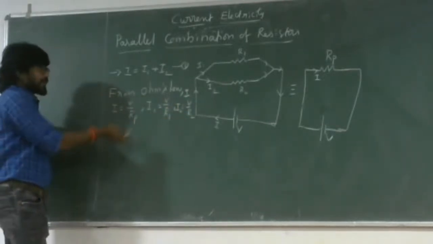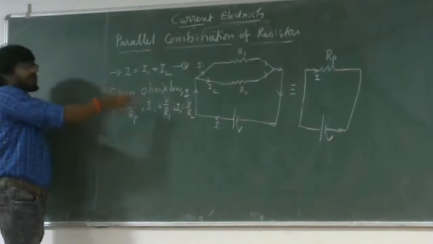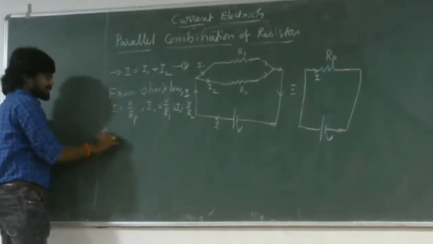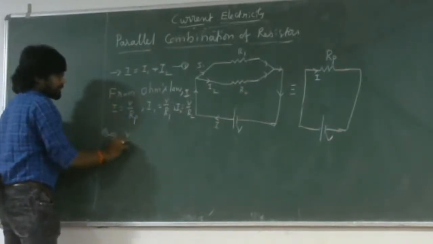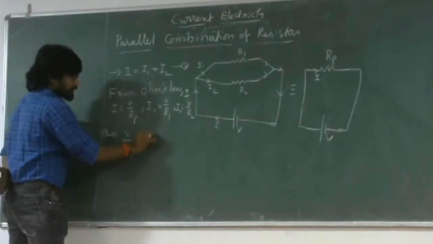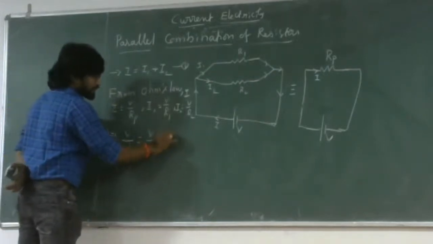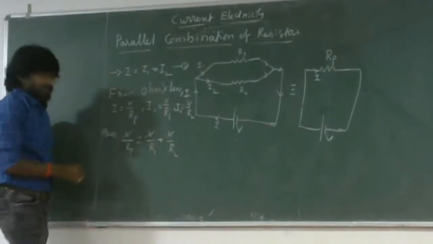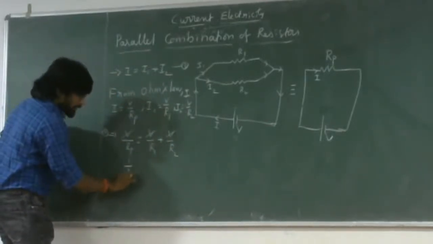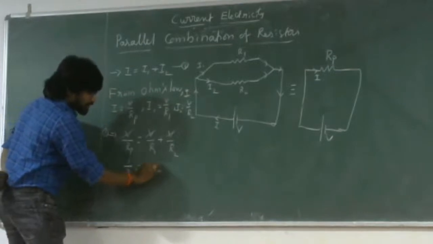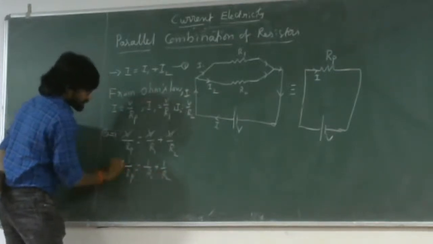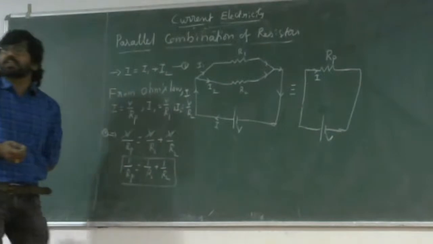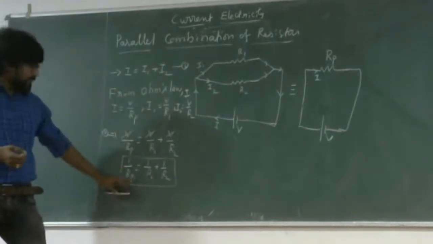If you substitute these values in equation 1, then it can be expressed as V by Rp is equal to V by R1 plus V by R2. Simplifying this further, we write 1 by Rp is equal to 1 by R1 plus 1 by R2. This gives the effective resistance in parallel combination.